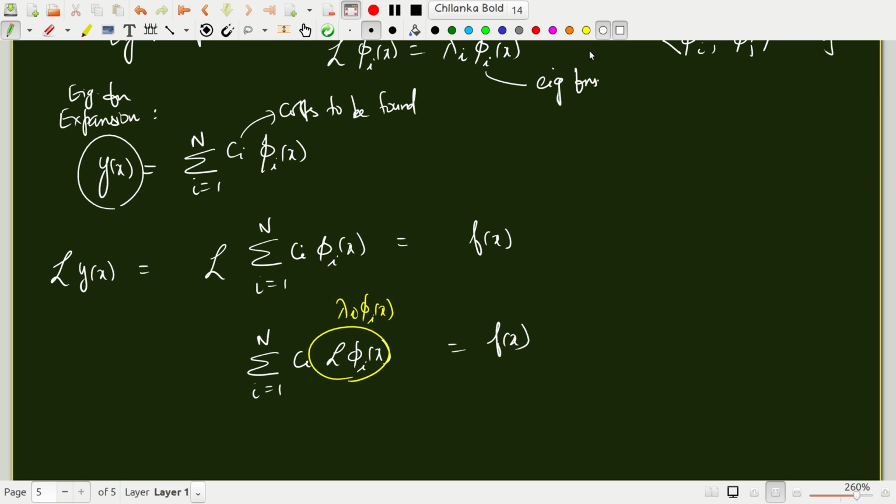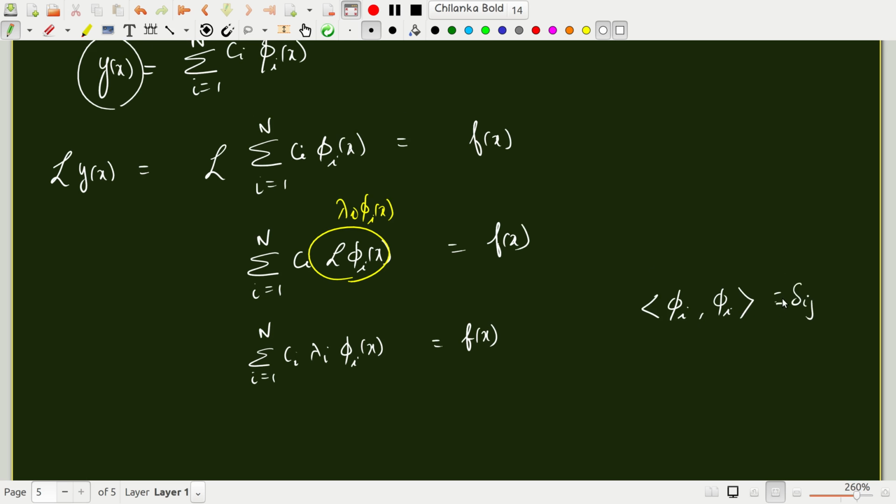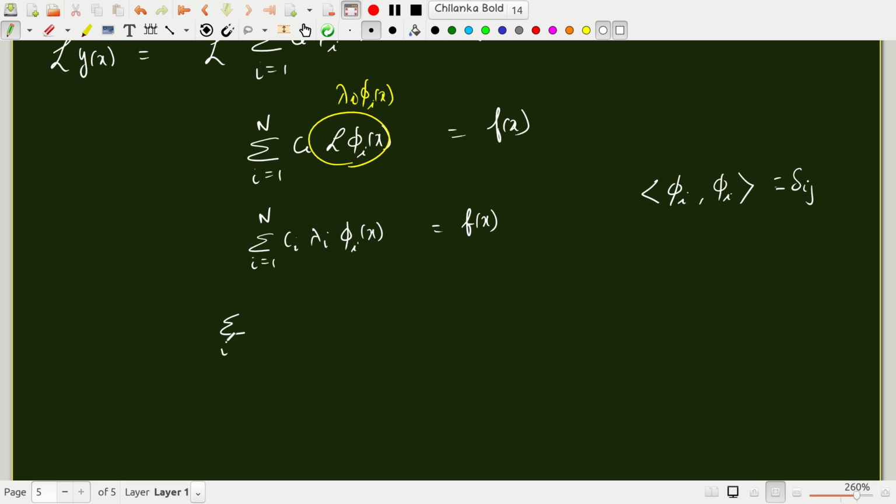So I can write this as the summation i equal to 1 to n of ci lambda i phi i of x is equal to f of x. Now to find the ci's, I take the inner product and use orthonormality: phi i phi j is delta ij. So I take the inner product with respect to phi j, which is equal to the inner product of phi j with f of x.